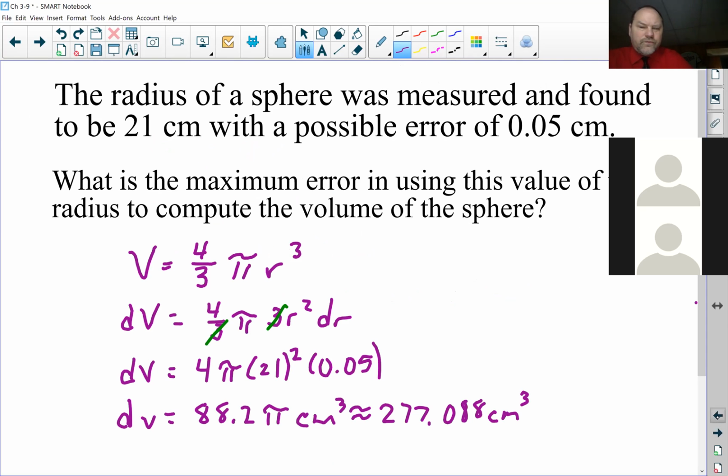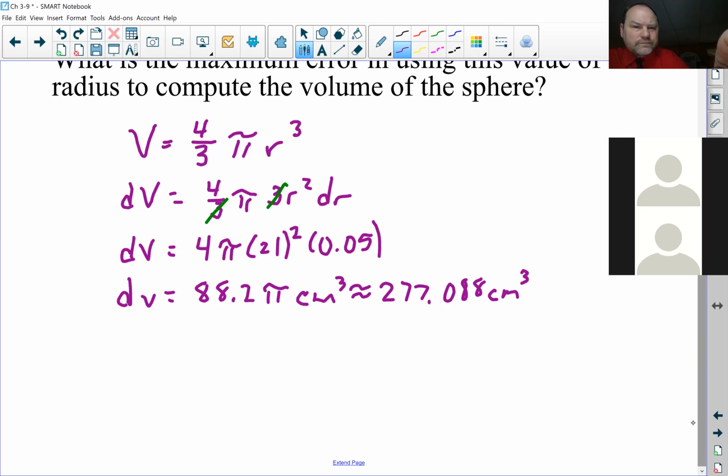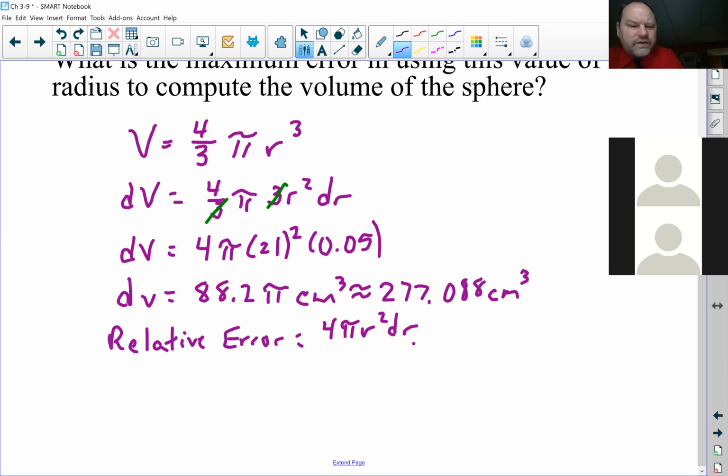So if we found the relative error, that would be our derivative, 4 pi r squared dr, divided by the actual volume, 4/3 pi r cubed.